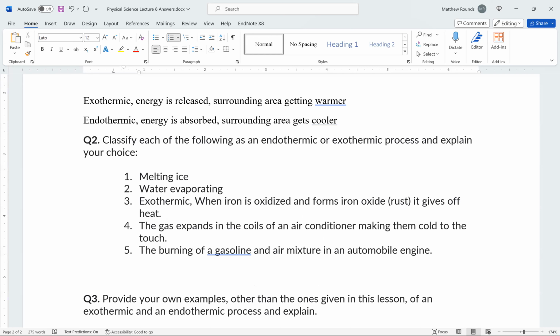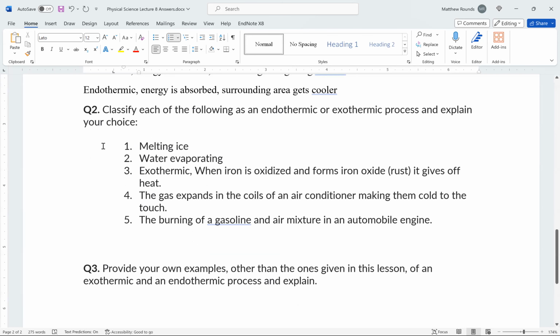But the other ones, I'm not sure. So what's your feeling on this? For number two, I think it's exothermic as well, because water evaporates when it's really, really warm. So you think water evaporating is exothermic?